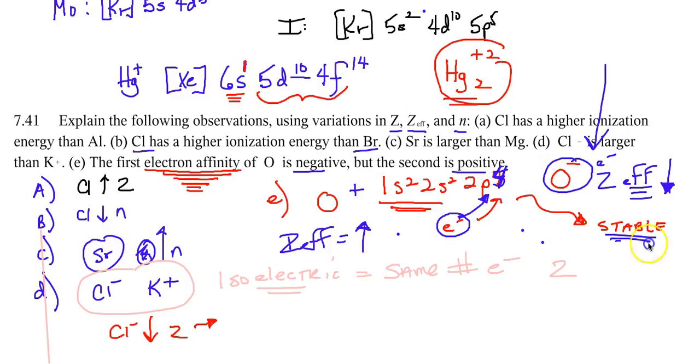Things are stable in electron affinity when you can easily add an electron. Electrons are added when they feel the nucleus more. So what they feel is effective nuclear charge. Here, remember, O negative and O have the same number of protons, but a different number of electrons. And having extra electrons repels this electron so that it feels the nucleus less. Therefore, it's not easily put there. It doesn't want to stay there. You have to give it energy, and that's why it's positive. All right, hope that helped in some small way.